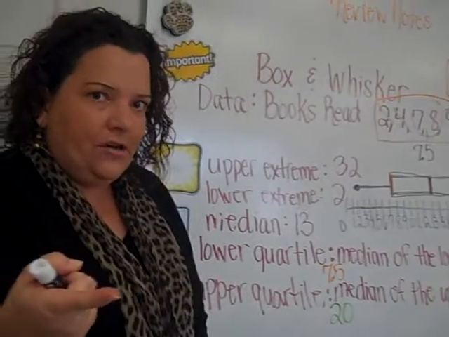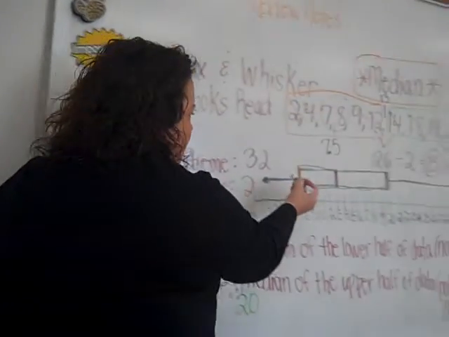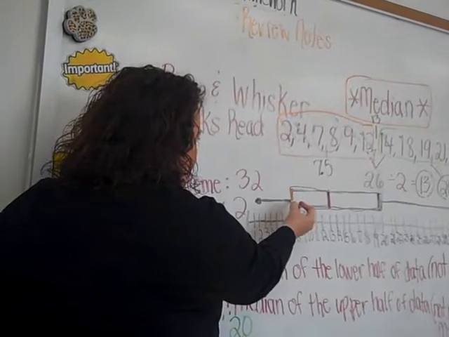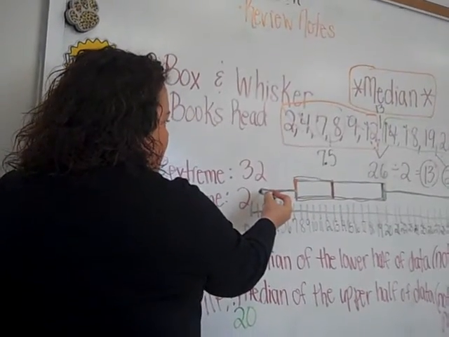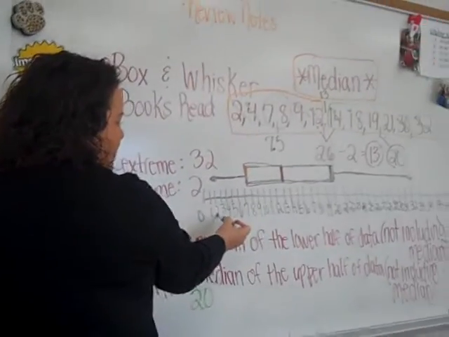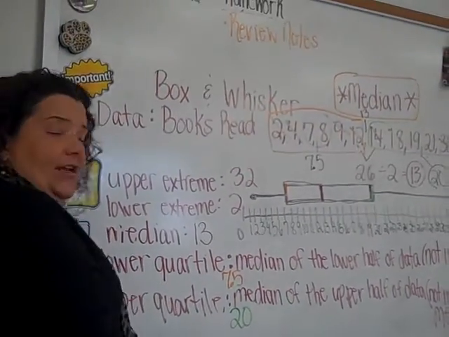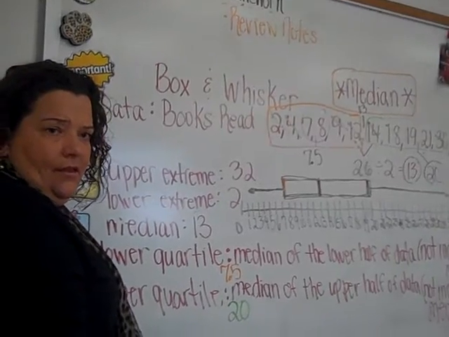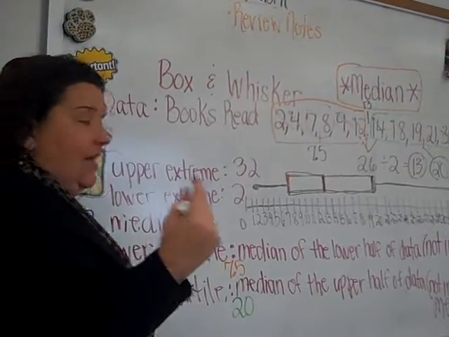Let's talk about our whiskers. From the box, we would extend a line to the polka dot that was above our lower extreme. That's our whisker part.